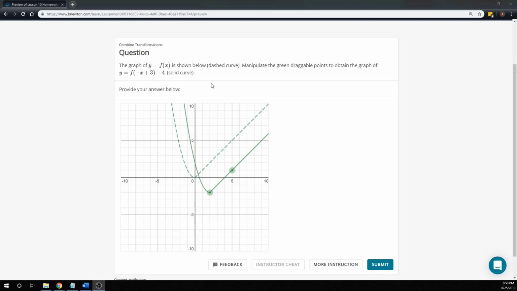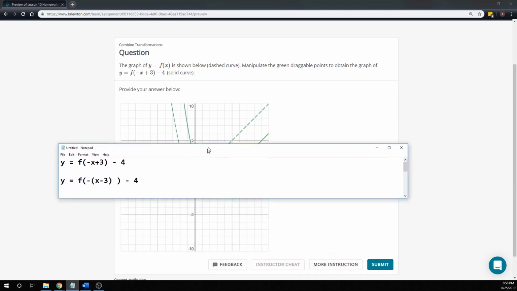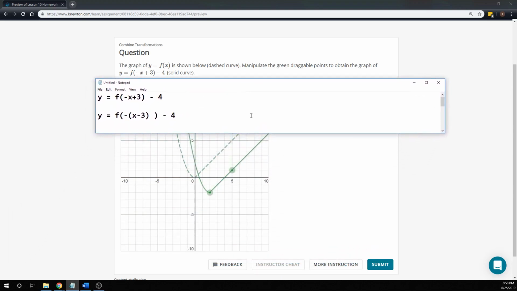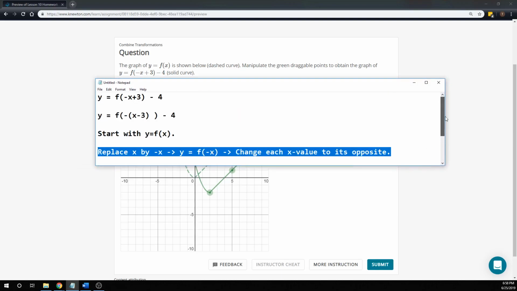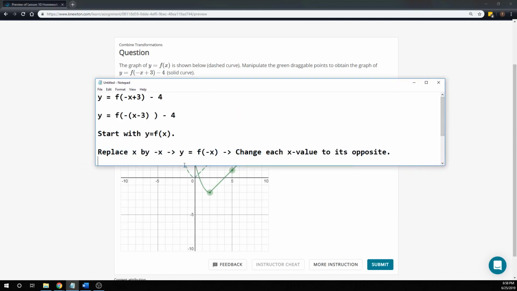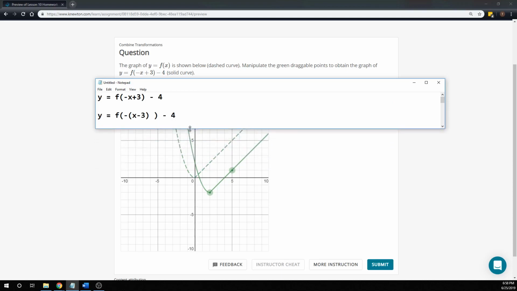Okay, so what we have to do first is analyze this expression that we have here, the transformed graph. On this problem, when you analyze this, you want to take a look at this number in here.